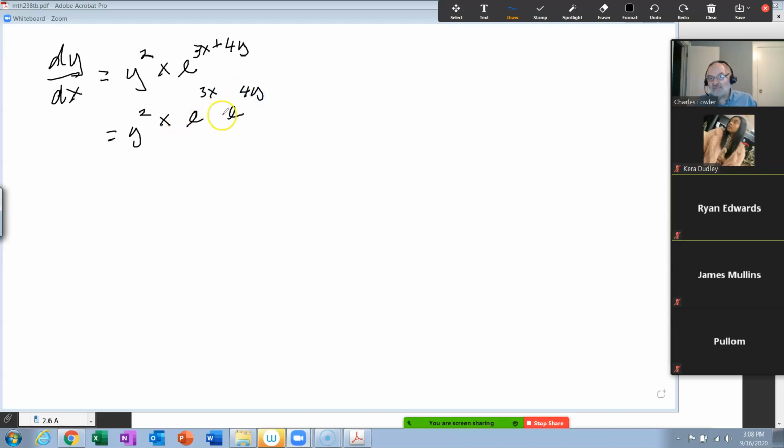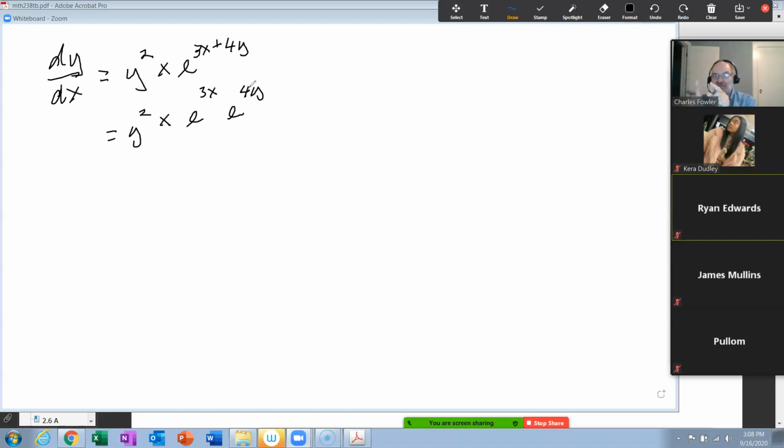As long as you have the same base, different exponents, and you're multiplying the bases, you can keep the base, add the exponents. You did that all the time, remember? 7 to the 5th power times 7 to the 3rd power would be 7 to the 5 plus 3 power, 8 power.